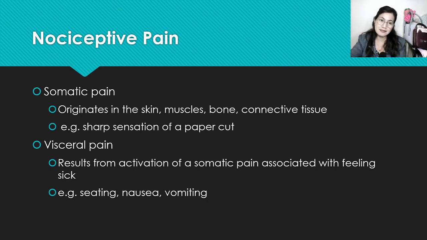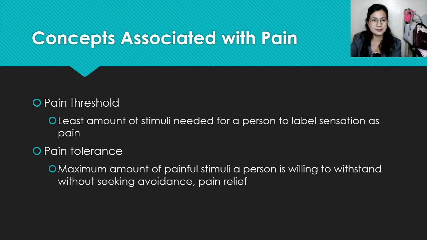For nociceptive pain, we have somatic pain, meaning it originates in the skin, muscles, bone, and connective tissue, so there is a felt sharp sensation like that of a paper cut. When you say visceral pain, the result is from the activation of pain associated with feeling sick, like nausea and vomiting.